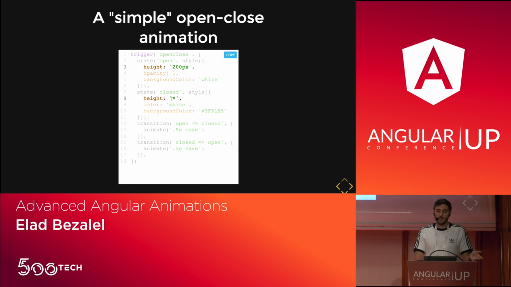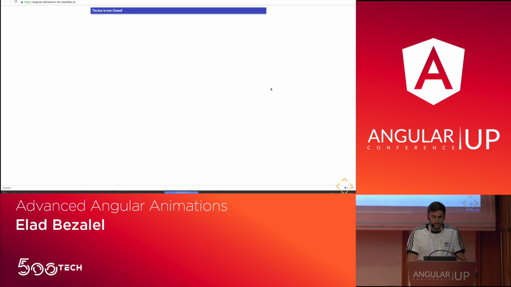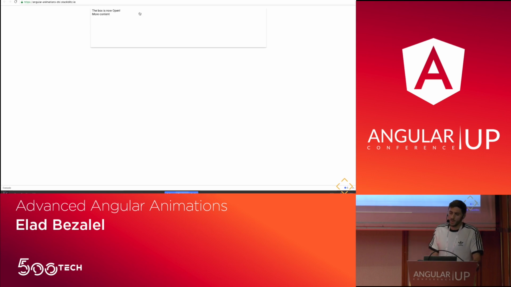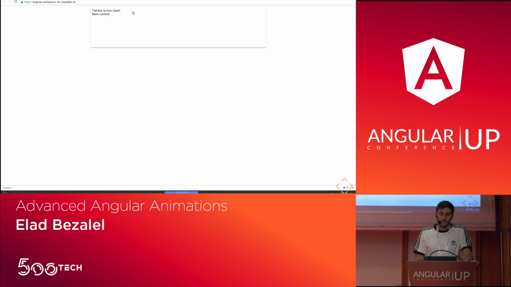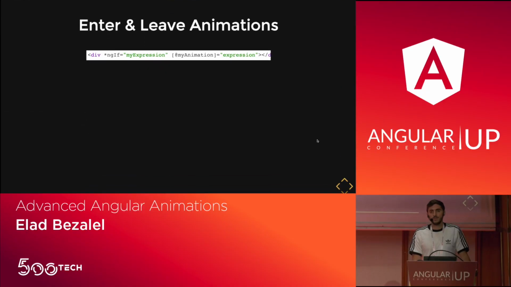And all you have to do in order to change the height to what it should be is just use asterisk. And we can just see the example here. I have a box, it's closed. Once I click it, we have more content that is being added. But once I click again, it shrinks itself to the right height that it should be. Right? And this is really cool and nice to use. So you don't have to think of it yourself.